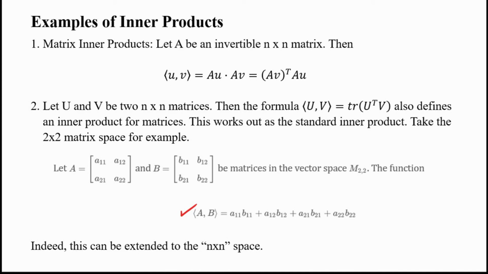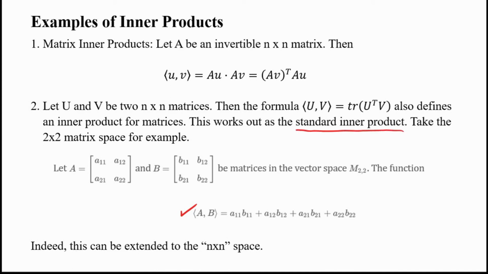But at any rate, number two, let U and V be two n by n matrices. Then the formula, this so-called U dot V, or the inner product of U and V, would equal the trace of U transpose times V. That also defines the inner product for matrices. This works out as the standard inner product.